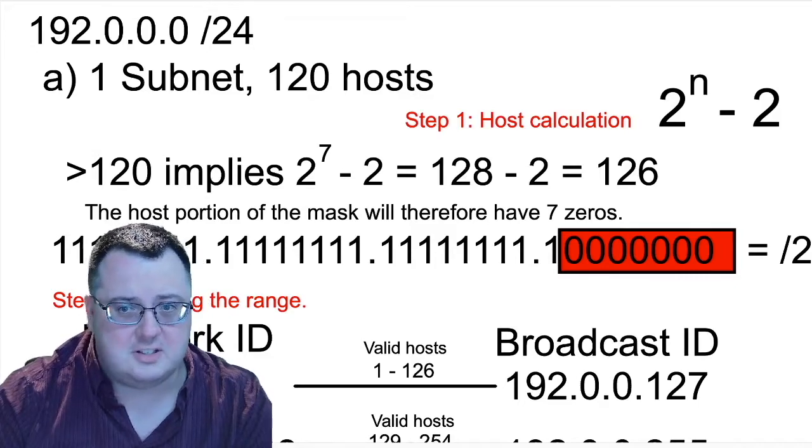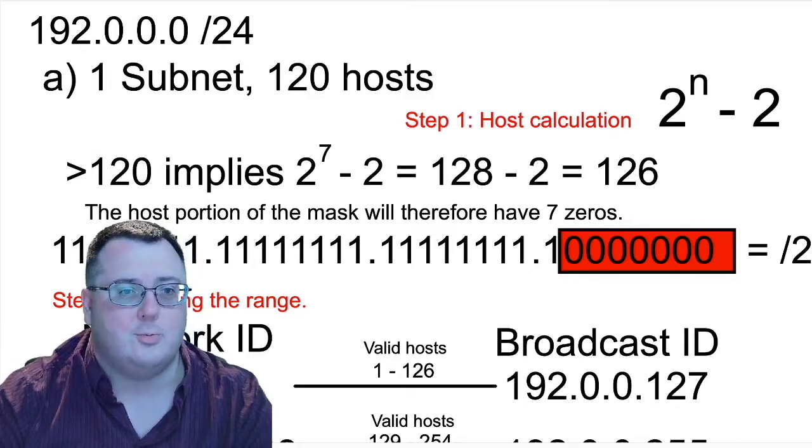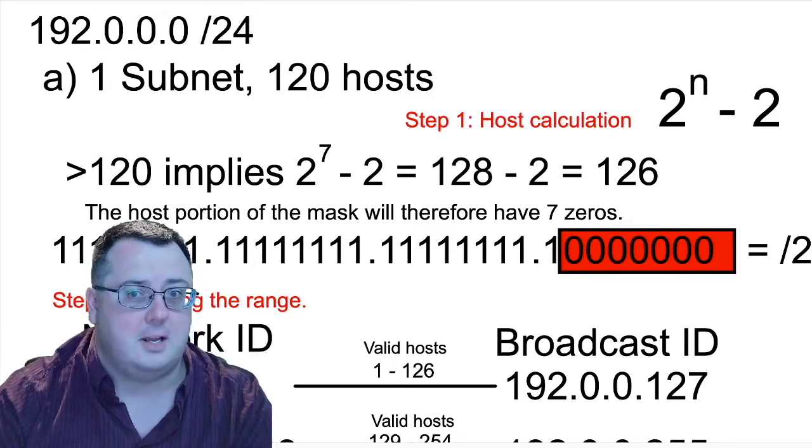So 126 in a valid range is more than enough for the 120 hosts in that subnet.